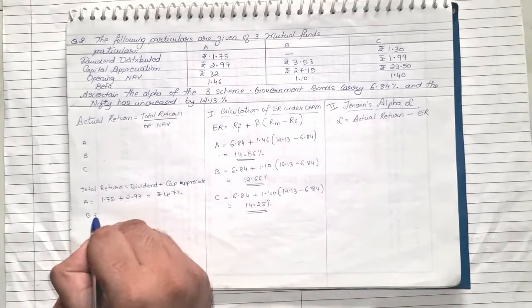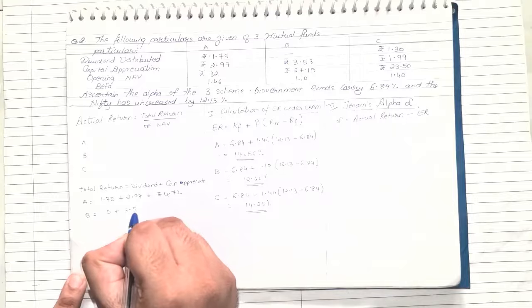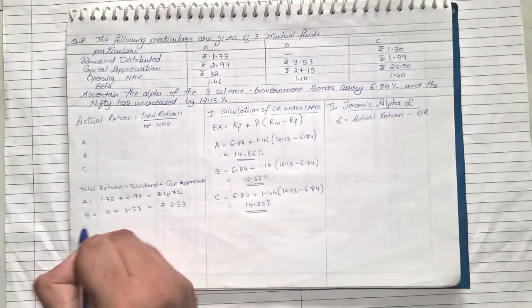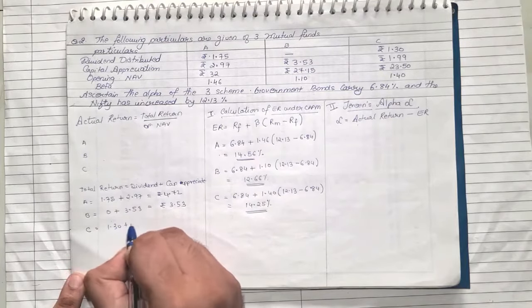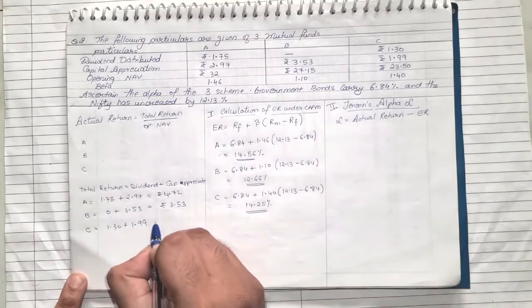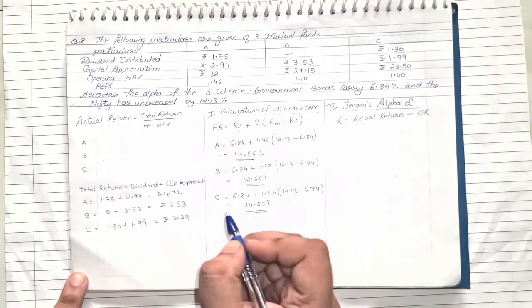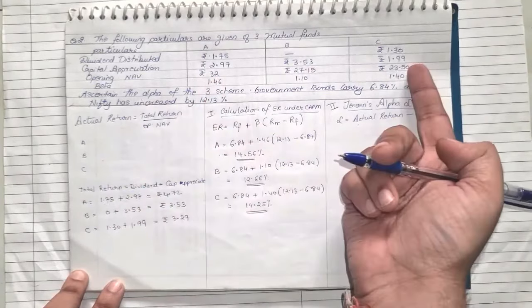Similarly for B, dividend is not available, so it will be 0 plus 3.53, so the value is the same, 3.53. For C it would be 1.30 plus 1.99, which comes to rupees 3.29. Okay, and opening NAVs are given to us directly, so that's not an issue.